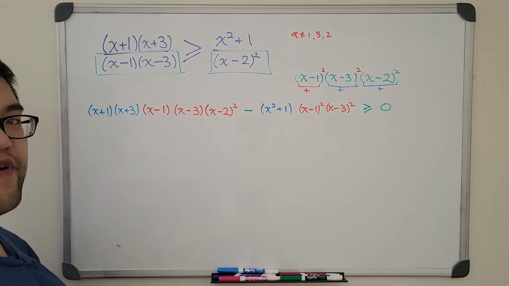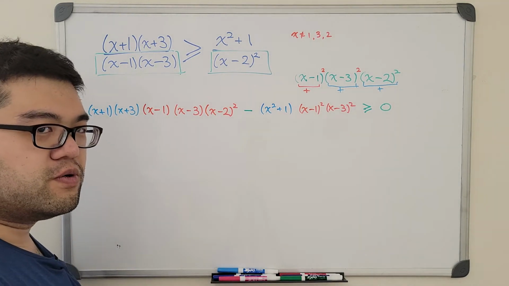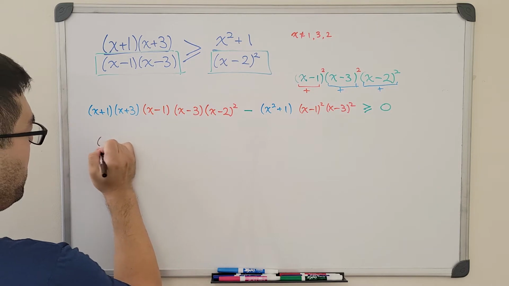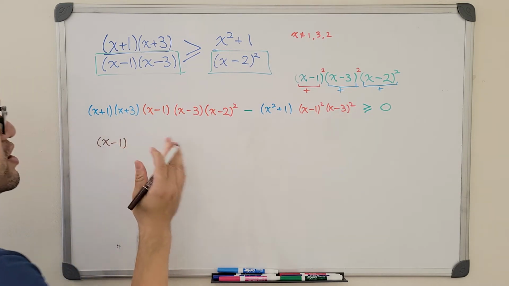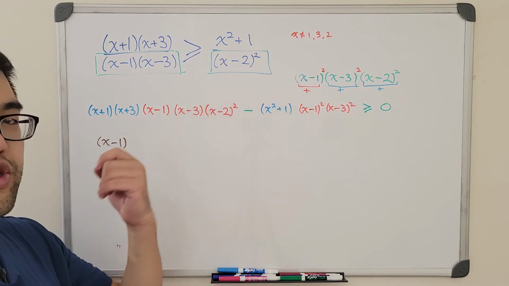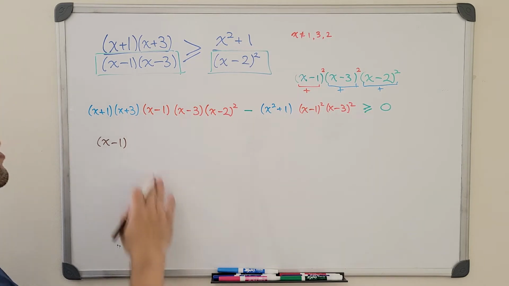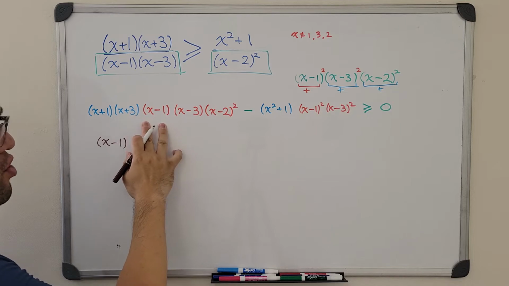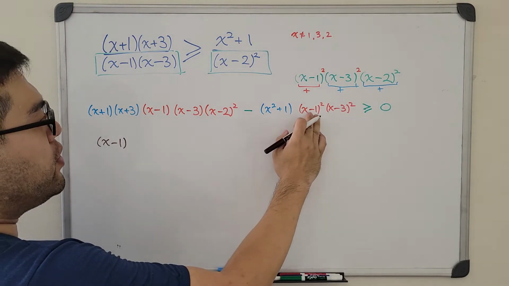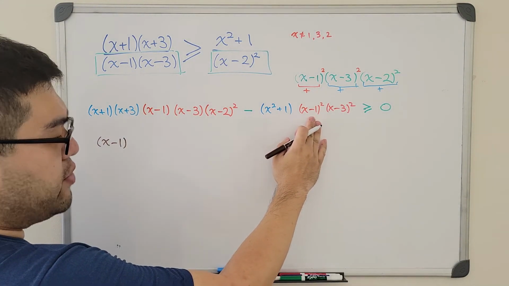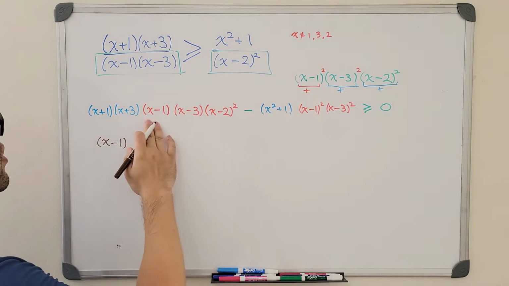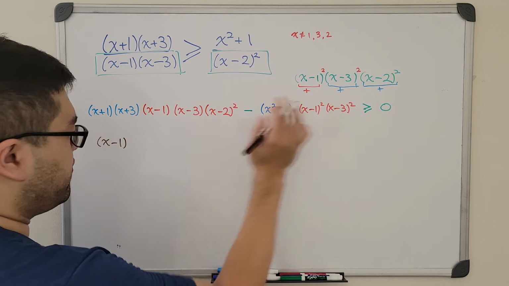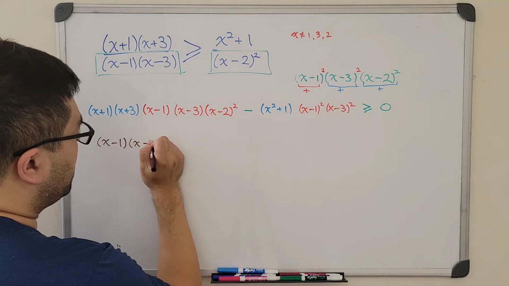How many copies can we factor out? 2, right? No, we can only factor out 1, because we can only take the minimum over all the terms. Good. So what else can we factor out? x minus 3. Very good.